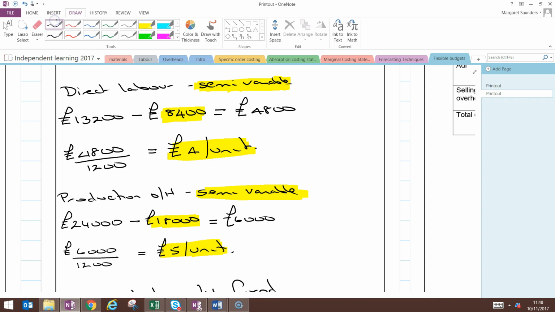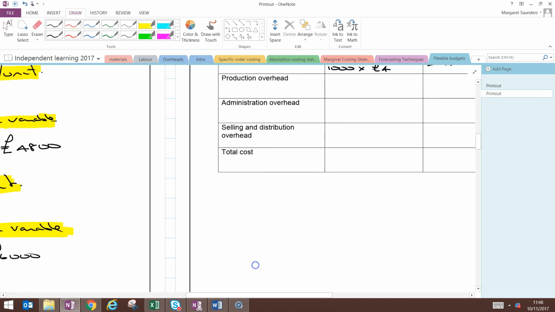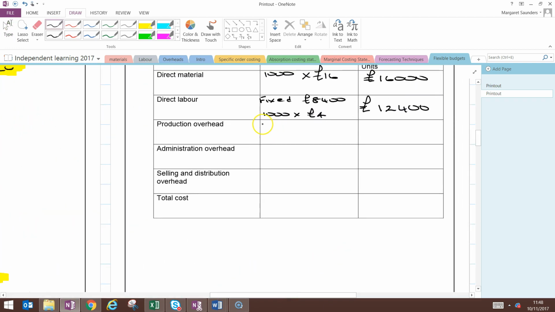So we can now work out the budgeted figure for 1,000 units. The fixed part, 18,000, and then we have 1,000 units at £5 a unit. So that totals £23,000.